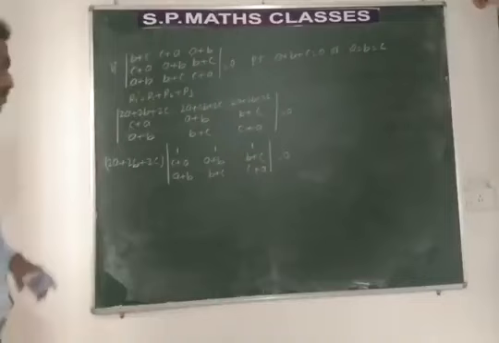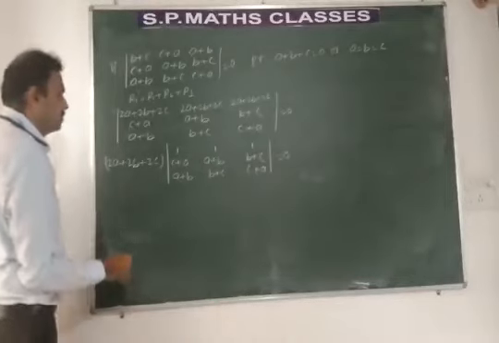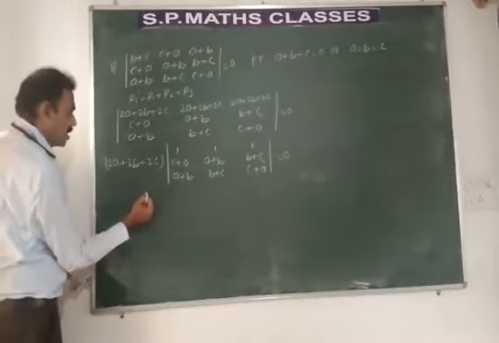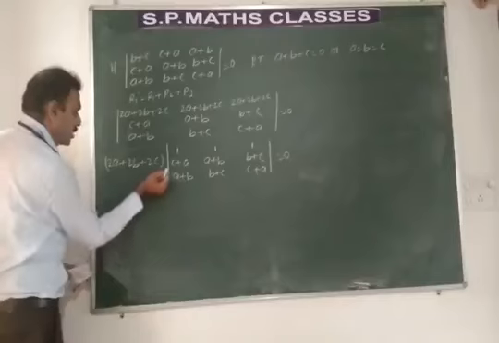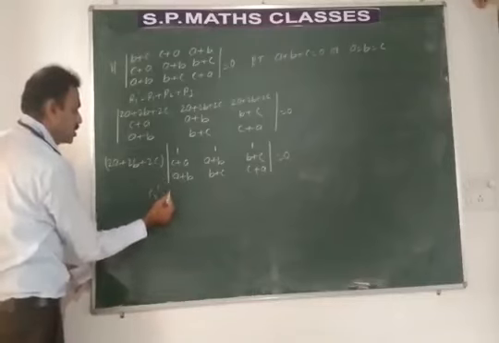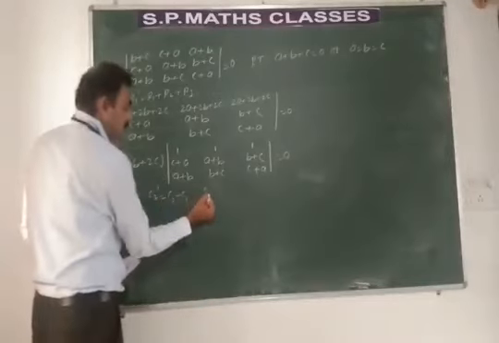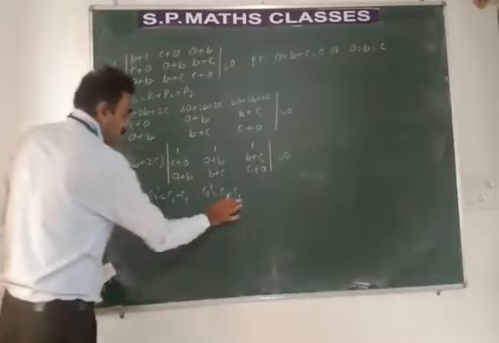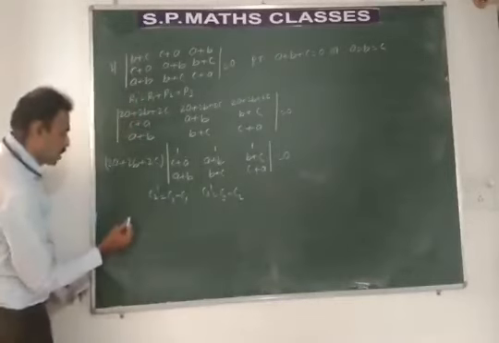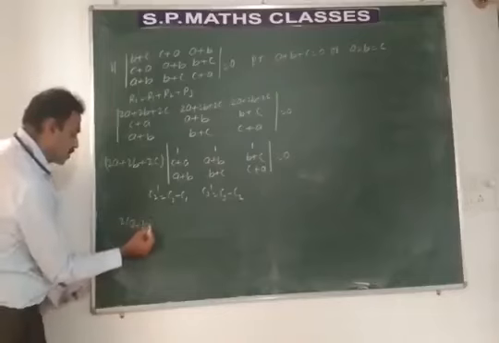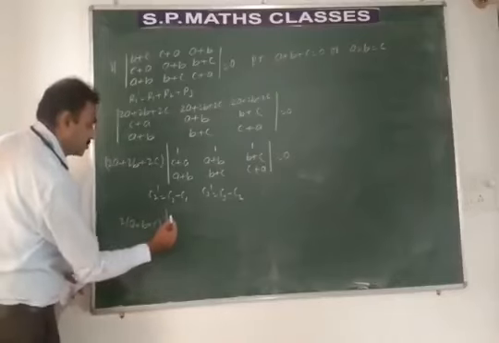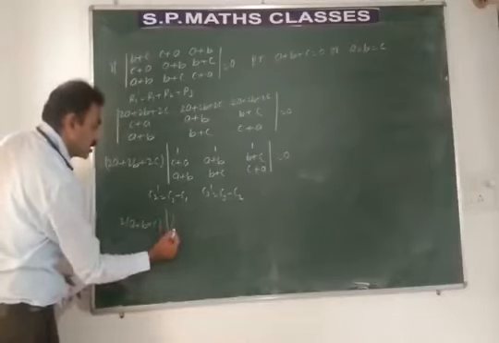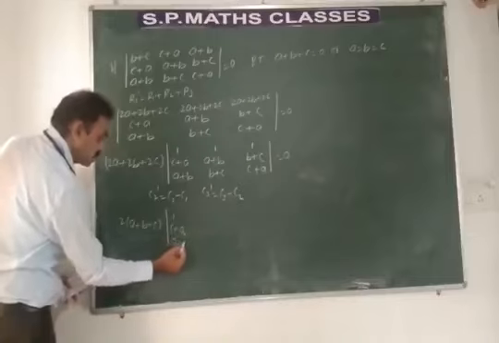Now, you can take C2 dash, C2 minus C1, C3 dash, C3 minus C1 or C3 minus C2, anything. So what happens now? 2 into a plus b plus c into 1, c plus a, a plus b.